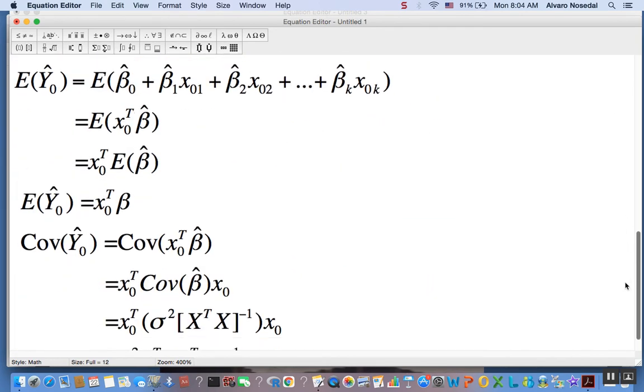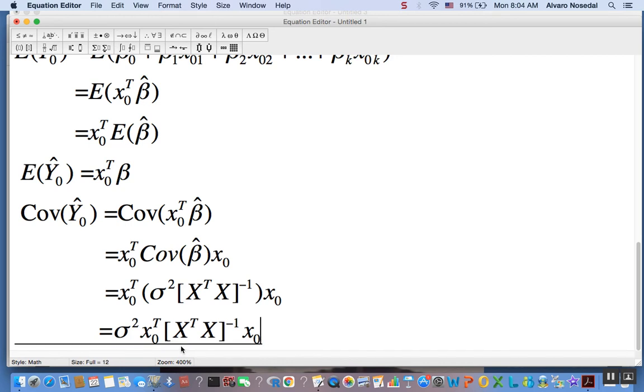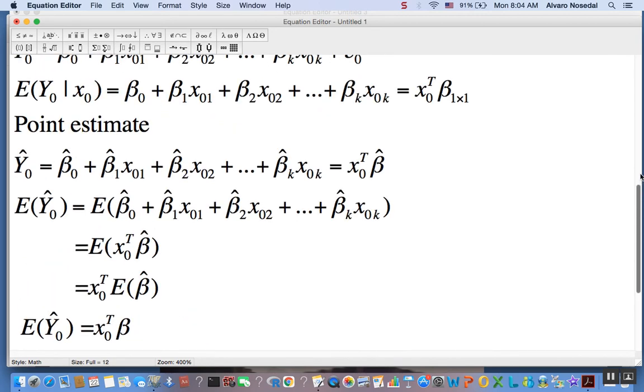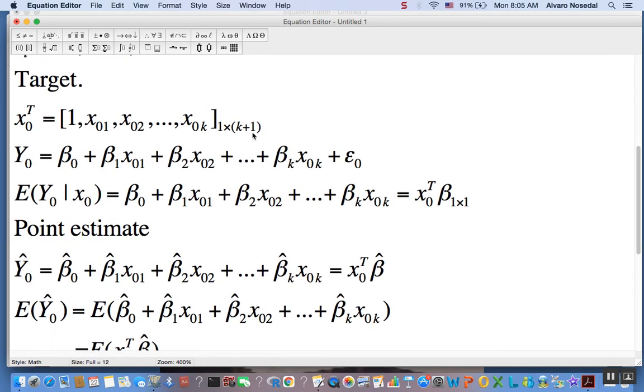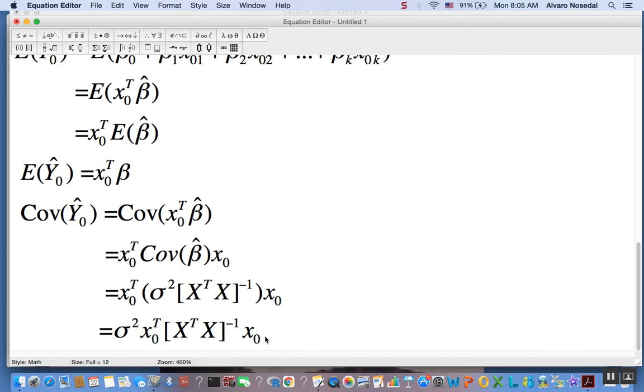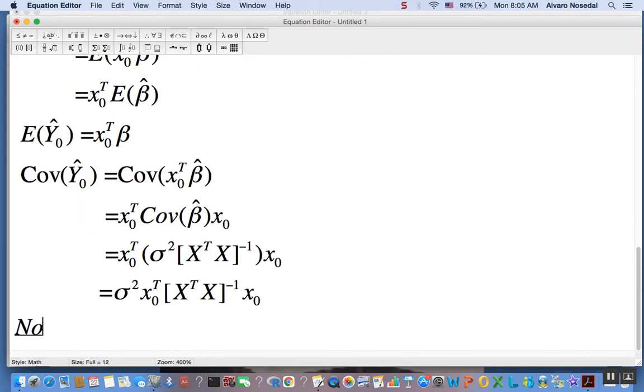So in the end, X transpose X is k plus 1 by k plus 1, and then x0 is k plus 1 by 1, right? But what I want you to see is that in the end, this will be just a 1 by 1 matrix, right?